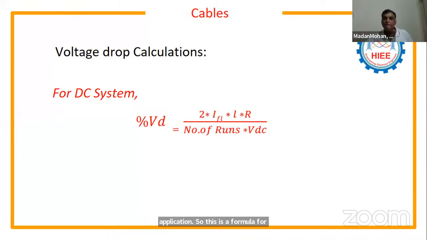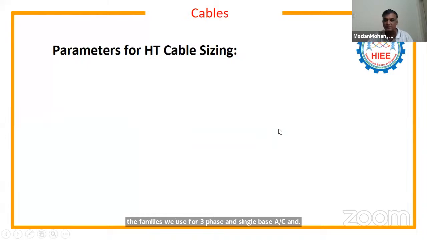Generally for DC, your power factor will be unity. That's the reason cos phi will be 1 and sin phi will be 0, and that's how your formula becomes like this. So these are the formulas we use for three phase and single phase AC and DC application.